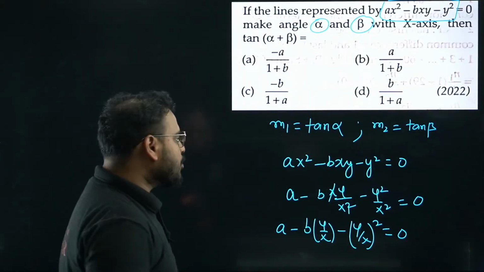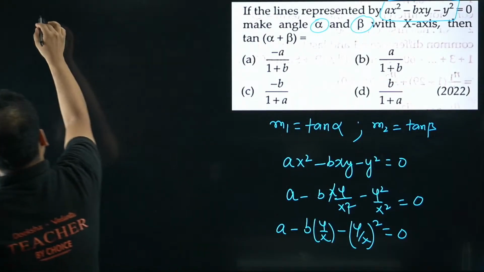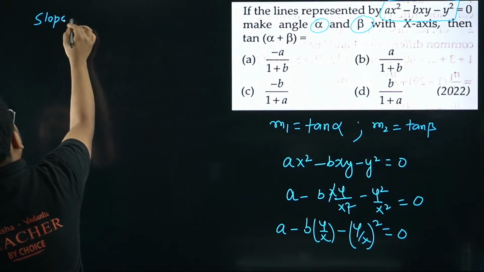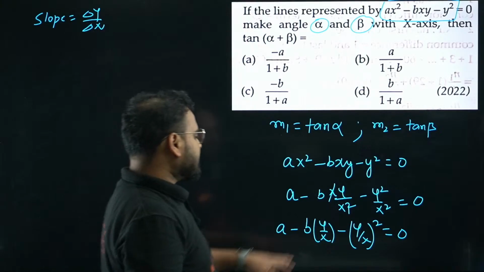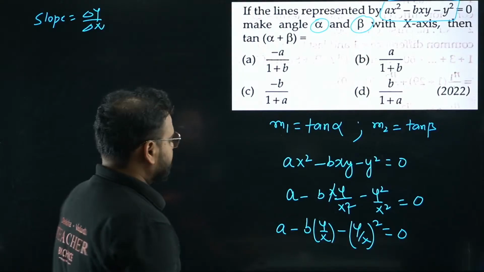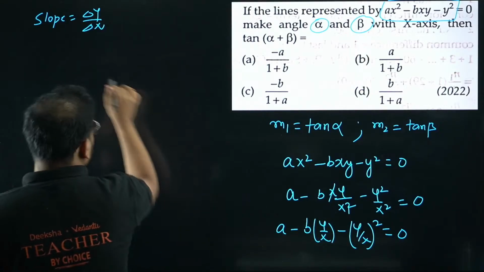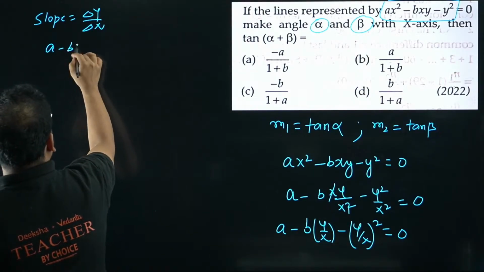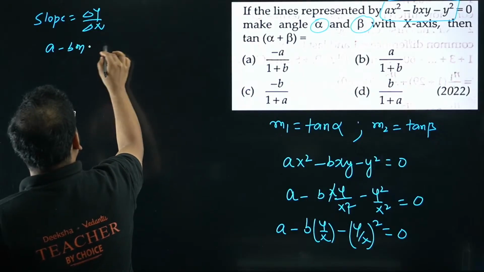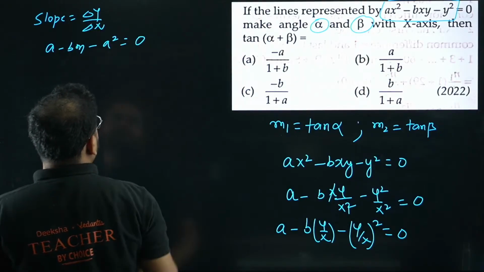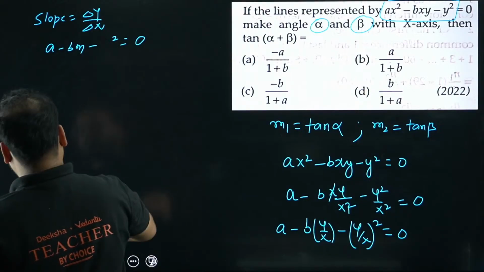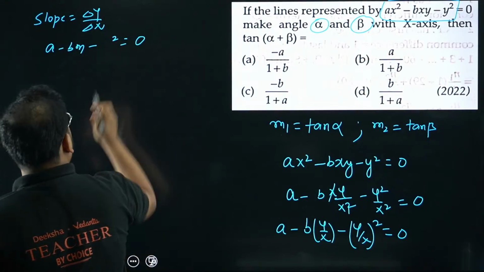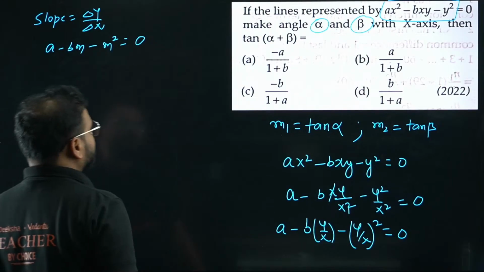And you know slope is very simple, sir. Slope is given as delta y upon delta x, right? It means I can write y by x as the slope m. So I have the equation transformed into a minus bm minus m square equal to 0.